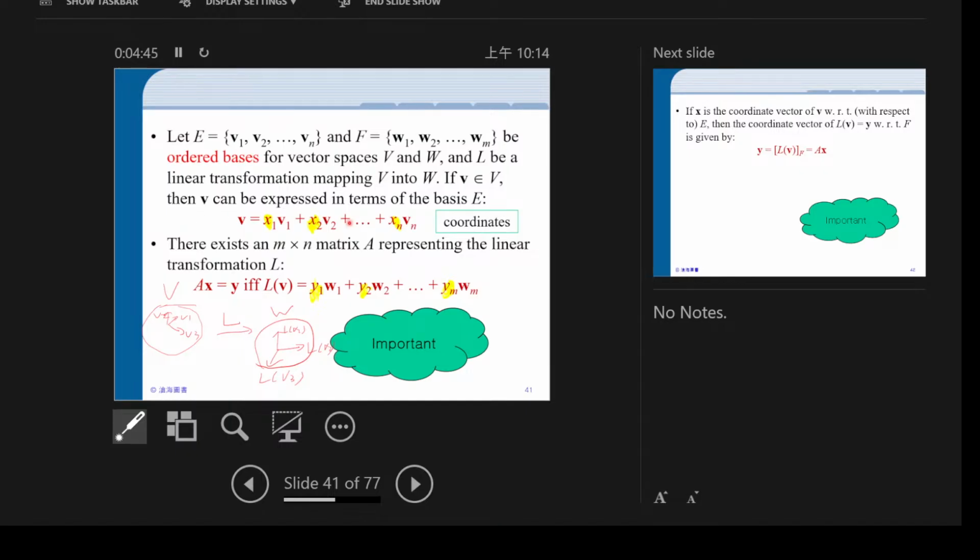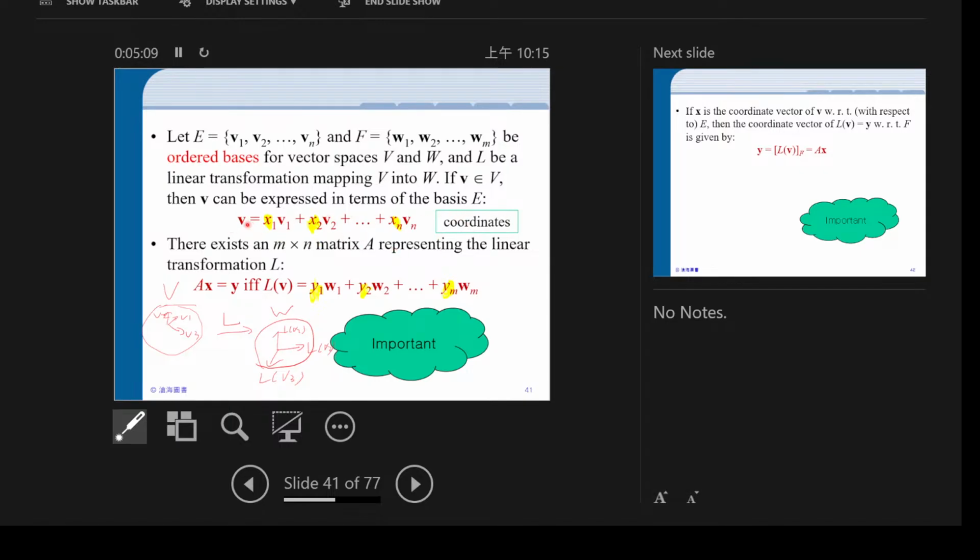A small review of chapter 3: any vector v can be expressed as a unique linear combination of your ordered basis. So every v is equal to x1 times v1 plus x2 times v2 up to xn times vn. These x exist, and they are also unique. Those are called the coordinates.